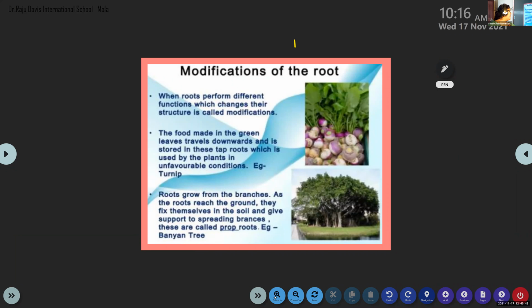Jalin, can you read the second paragraph, please? The food made in green leaves travels down the roots and is stored in these taproots, which is used by plants in unfavorable conditions.